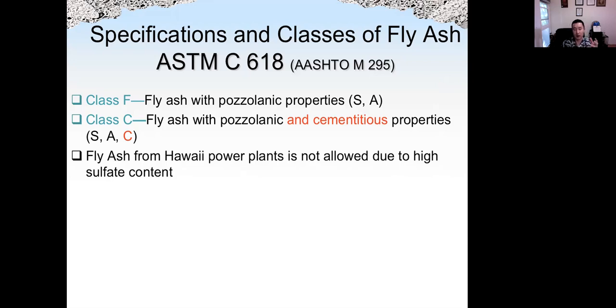This concrete is a totally new type of concrete. It's called alkali activated concrete or geopolymer concrete. In that concrete, the high sulfate content does not really affect the performance of concrete. So we can use high sulfate fly ash in this new alkali activated concrete.